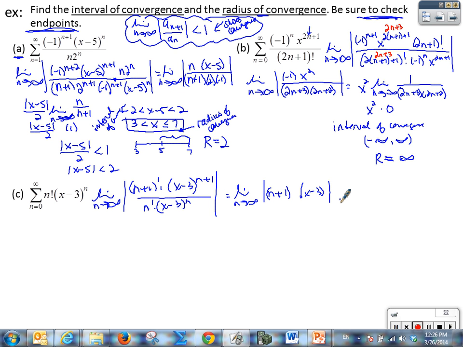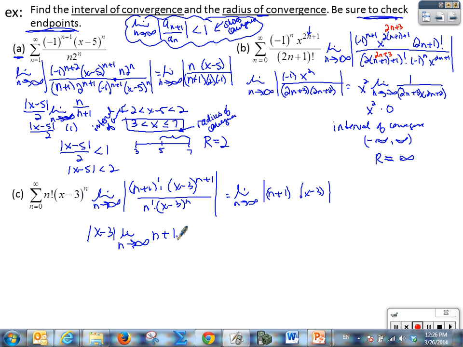The next step is what? Take out the x, the part that's not affected by the limit. Do I need to keep the absolute value on that guy? Yes. So here we go. We have x minus 3 limit n goes to infinity of n plus 1. Okay, what does that limit go to?